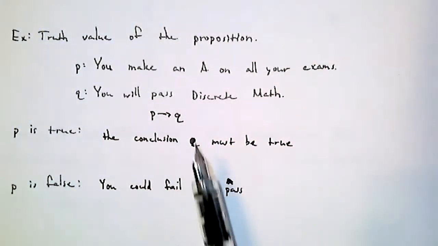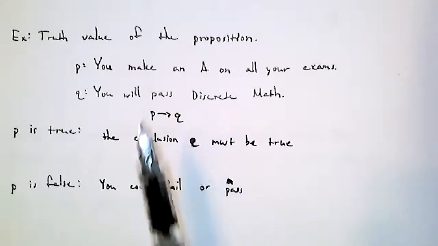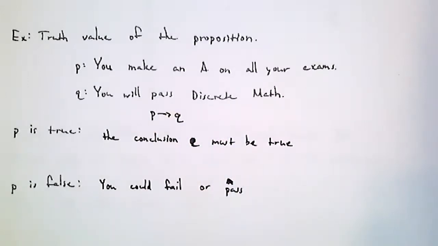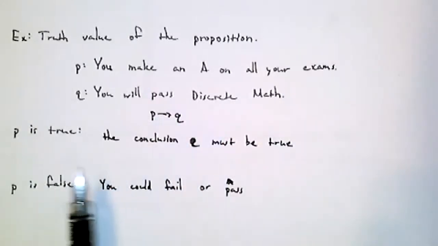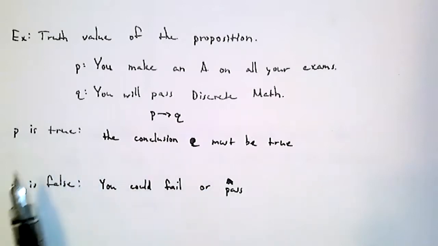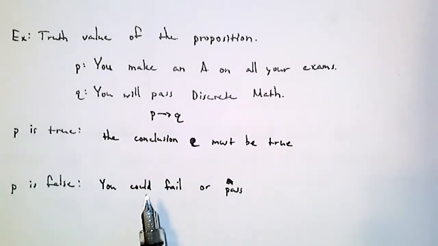Because nothing happened that contradicted your original statement. It just doesn't matter. If you don't make an A on all of your exams, then what you said originally, it's not actually guaranteeing anything happens. You could pass or fail.